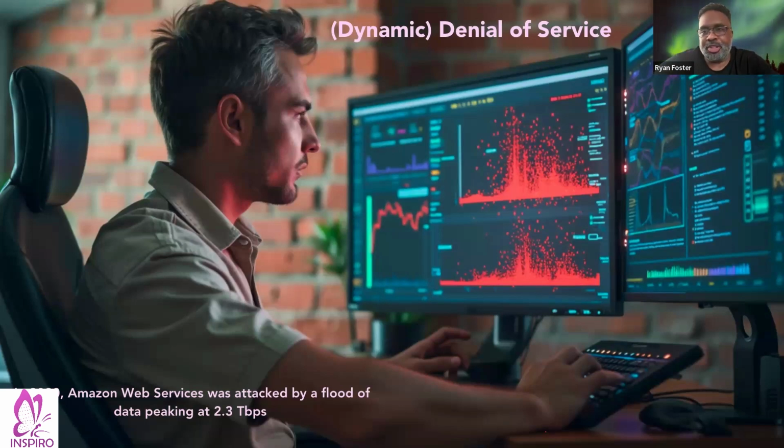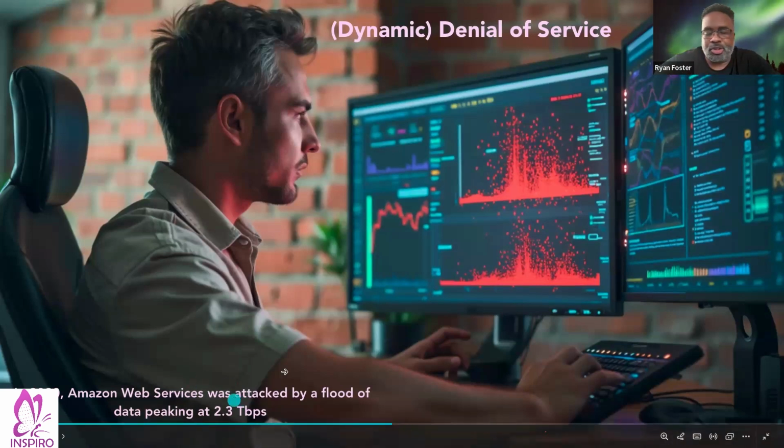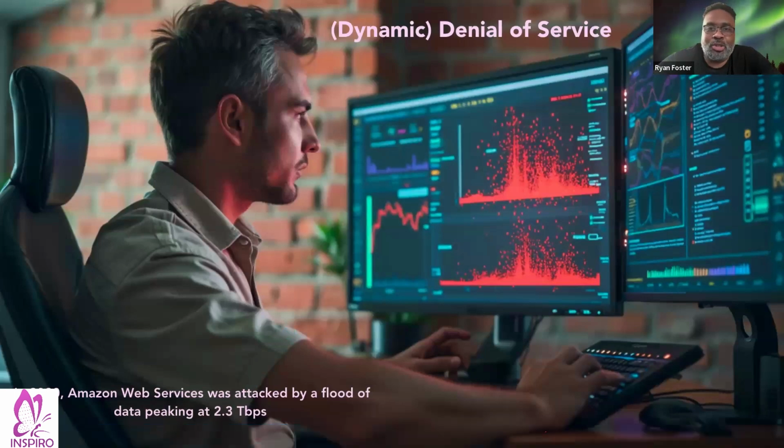So basically, the hacker figures out where the servers are on the internet, and they just send a ton of data. Again, like you see in the illustration here, 2.3 terabits per second at its worst. I struggle to imagine terabits and terabytes as far as hard drives and storage.